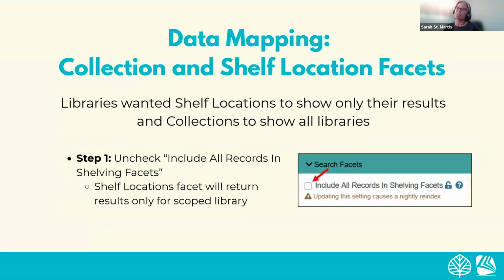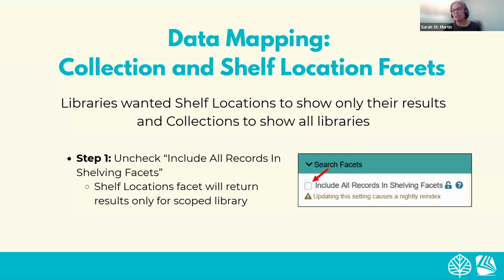So the collections and the shelf location facet are tied to one setting, and our libraries wanted shelf locations to only show their results and collections to show for all libraries. This is because we share collections, but shelf locations are set up by library, and there are like hundreds of them.